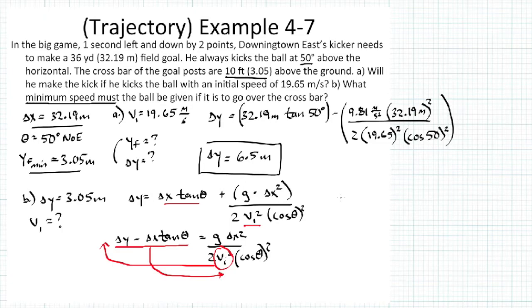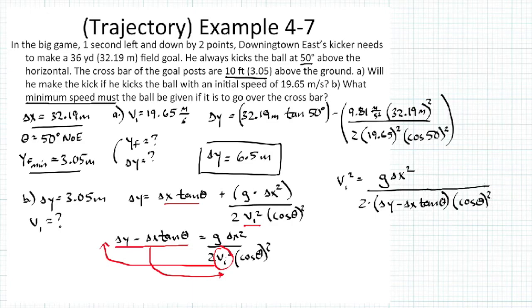So initial velocity squared equals g times delta x squared divided by 2 times all that I just brought down, delta y minus delta x tangent theta times cosine of theta squared. Now to finally solve for initial velocity, we have to get rid of the square, so we're just going to square root the whole other side, and then we'll solve for vi.